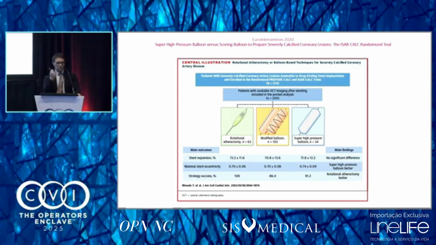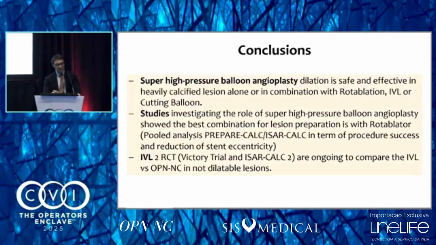You cross the lesion, you can prepare the lesion with the rotablator. But the maximal stent eccentricity, which is a parameter of how well you expand your coronary artery, is not achieved with the cutting balloon, but with the OPN NC. So personally, to treat such lesions with rotablator, I use an OPN NC balloon because the data and the pooled analysis support that.